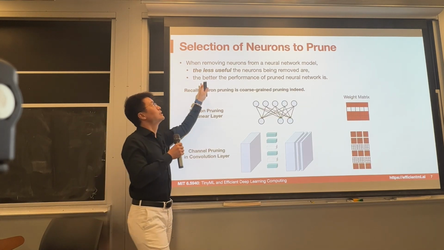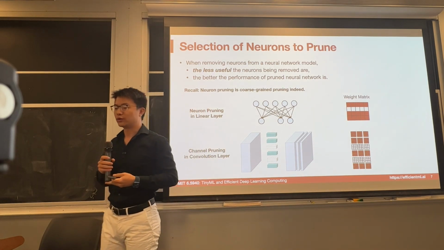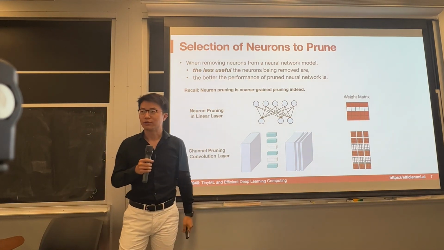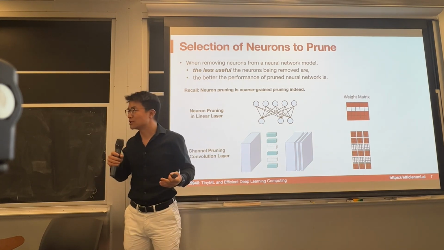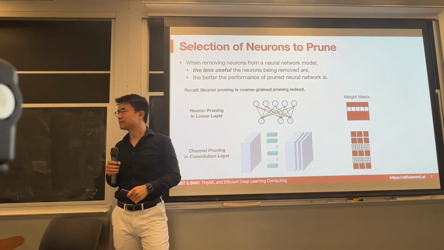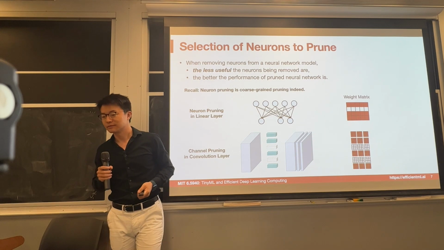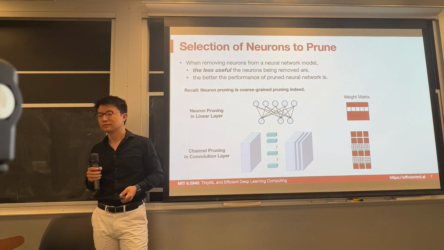We also talked about the criteria to select which neuron to prune and the relationship between weight pruning and neuron pruning. Still remember what's the relationship between pruning the neuron versus pruning the weight? Pruning the weight is pruning the synapses, so removing a connection, whereas pruning neurons translates differently to hardware.